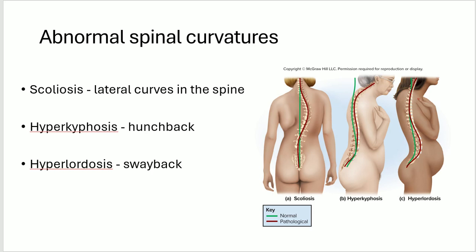And then hyperlordosis is a sway back where the vertebrae spinal curvature arches forward.